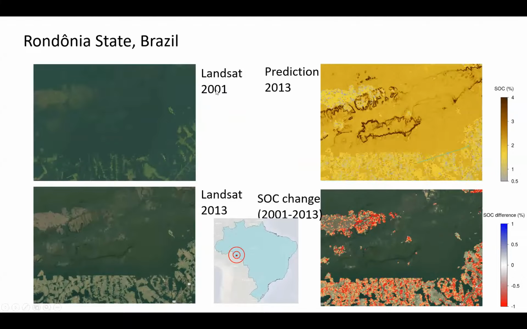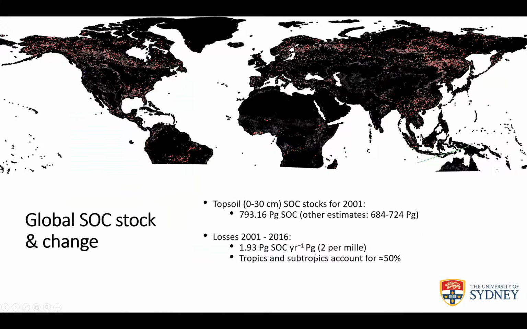For example, here we look at the satellite images. This is 2001, and a lot of it is still under forest. And in 2013, you can see part of this is already deforested. That means that this is where the likely soil organic matter changes will be, in this area where there are lots of changes in the land use. So this is the carbon stock.